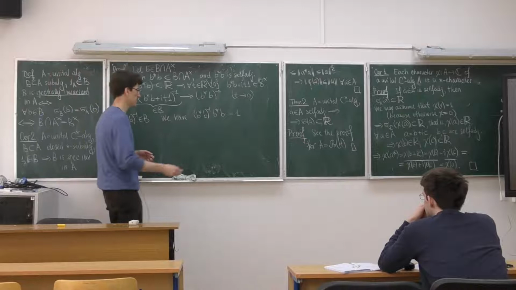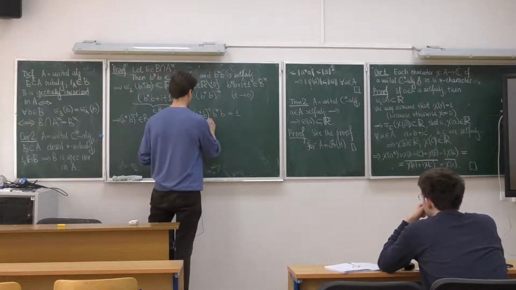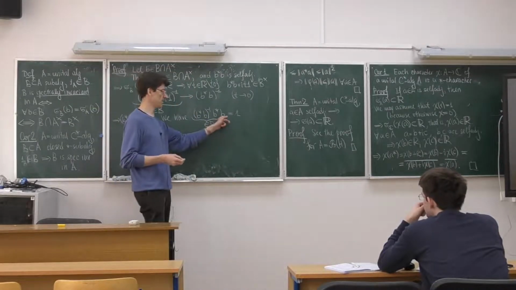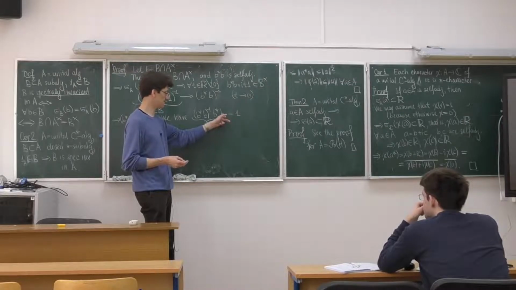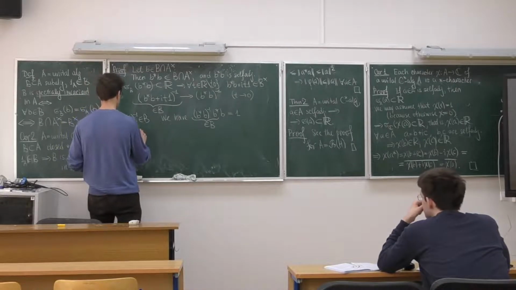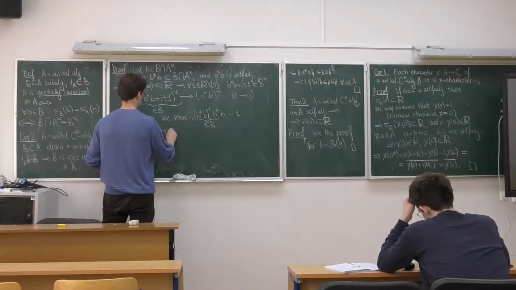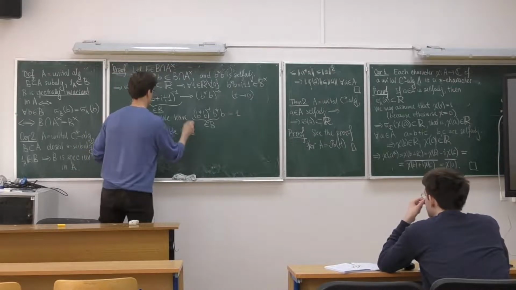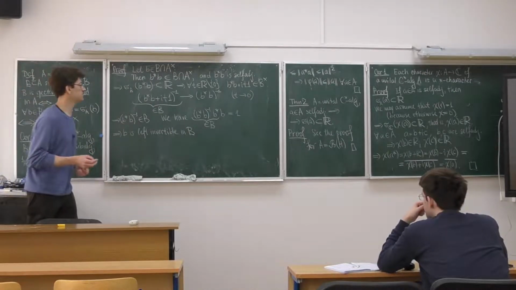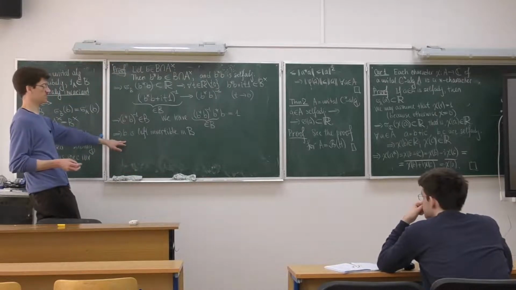But on the other hand, we already know that this element is in B and this element is in B. So their product belongs to B. And so this implies that the element little b is left invertible in the algebra B. It has a left inverse in the same algebra. It is left invertible. This is not exactly what we wanted to show. We wanted to show that it is actually invertible. And we see that it is left invertible.